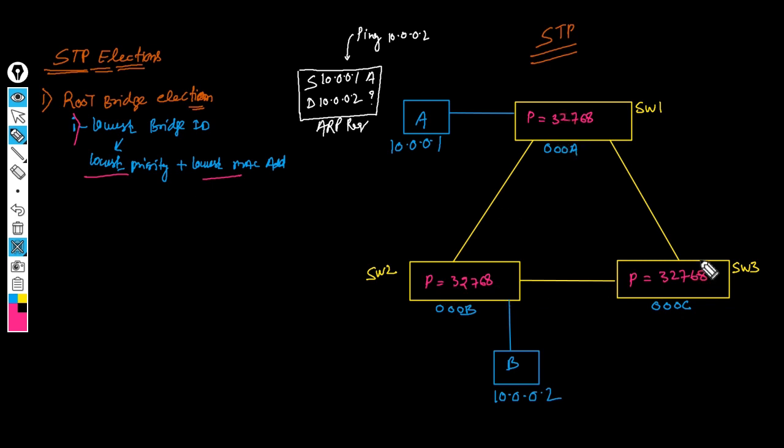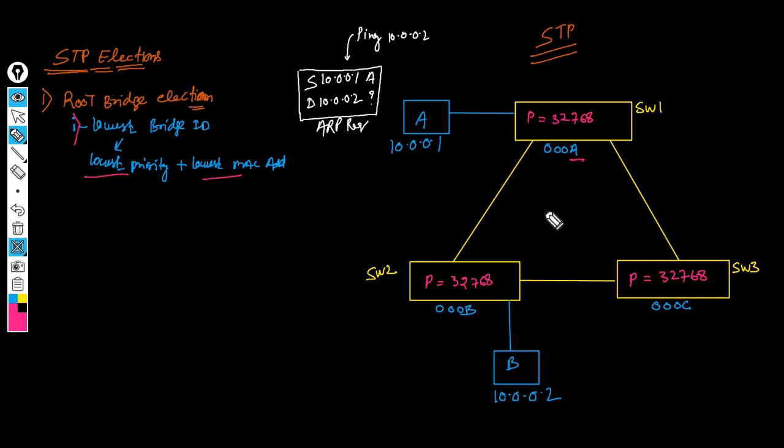But right now let's say the priority is the same. If it is the same, then it will look for the lowest MAC address. We have 00A, 00B and 00C. Which is the lowest? You need to compare character by character. 0, 0, 0 same; the first three characters cannot decide it.